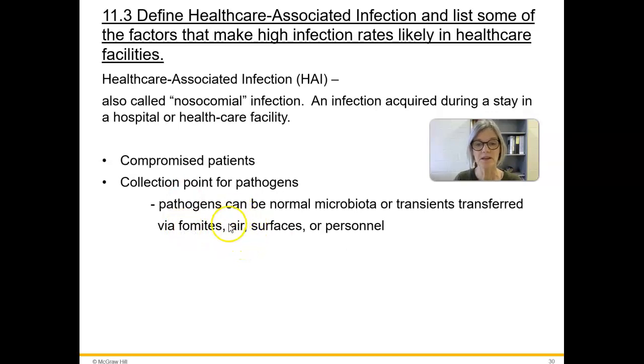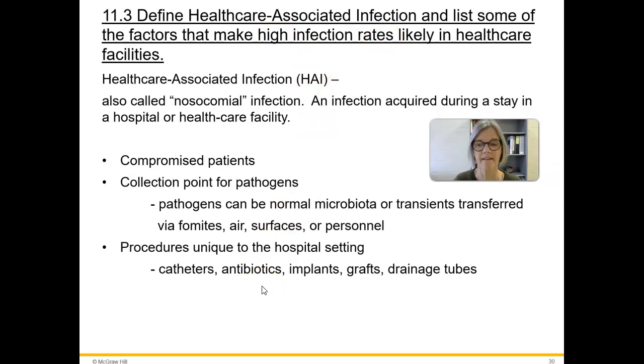Some of the pathogens might be in the air because there's other people that have these pathogens, or on surfaces. It might be from a patient that was in that room at a previous time. Even the healthcare personnel can transfer pathogens from patient to patient. So all of these contribute to the healthcare facility being a collection point for pathogens and increasing the infection rates in a healthcare setting.